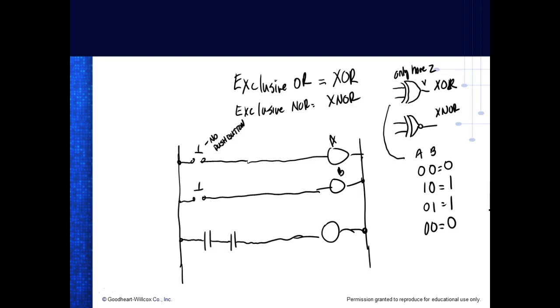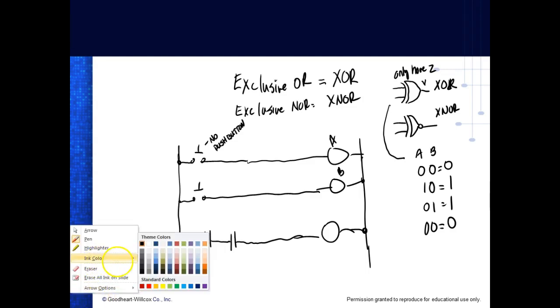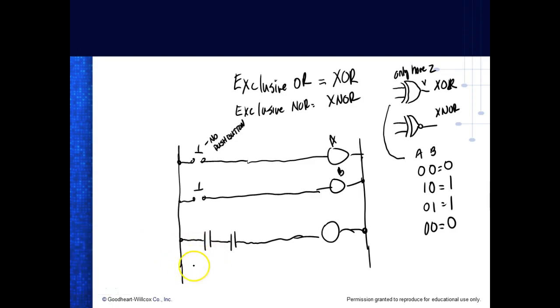So how are we going to wire this guy up? Right now my push buttons are the same, so we're going to come up with some method where this right here will be a 0, right?